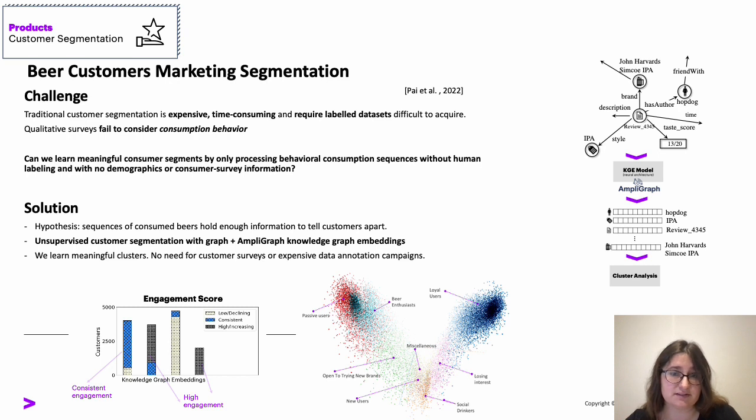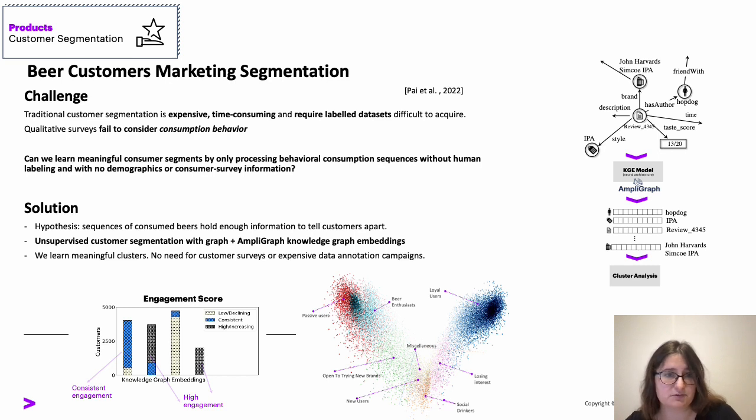Also, qualitative surveys fail to consider consumption behavior. We ask a question like, how can we learn meaningful customer segments by only processing behavioral consumption sequences without human labeling and with no demographics or consumer survey information?